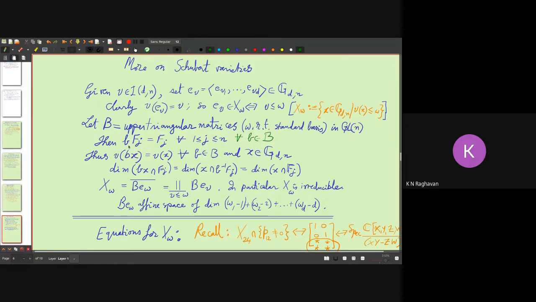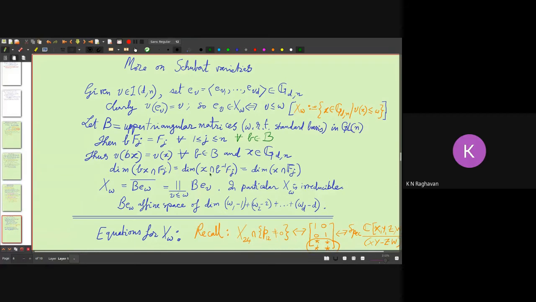So you can say b Fj is equal to Fj for all j, for all b in B. And if for some element g of GLN it's true that g of Fj is equal to Fj for all j, then such a g belongs to B. Given this, we observe that the dimensions don't change, and here is the explanation. If I want to compute bX intersect Fj, I want to compute those dimensions, then by acting with some group element, the dimensions don't change, right?